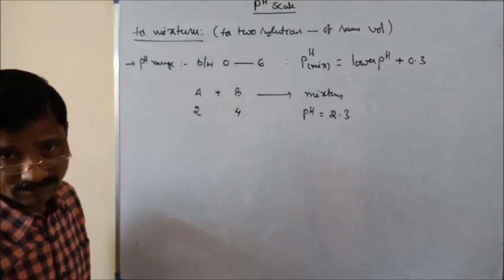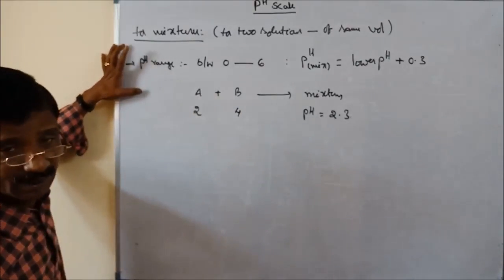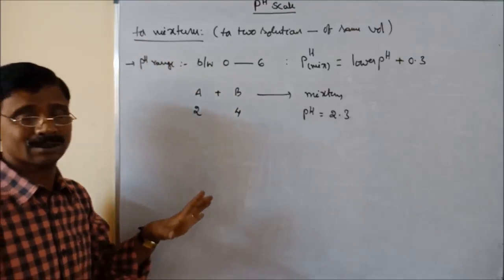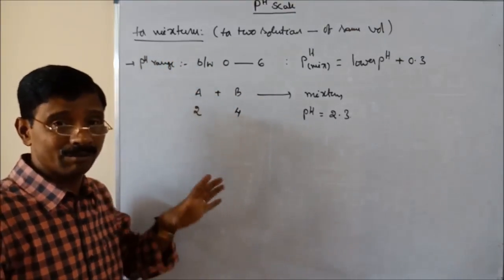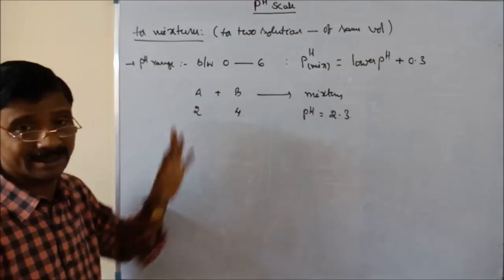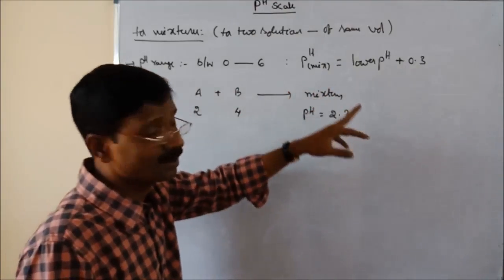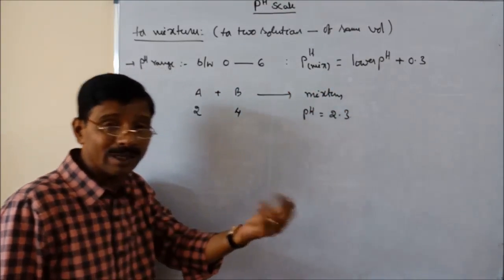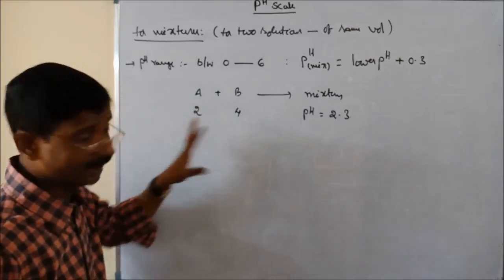Yes. So the statement we have to remember: if two solutions of the same volume are mixed in the pH range 0 to 6, the pH of the mixture is 0.3 more than the lower pH value. That is the meaning.